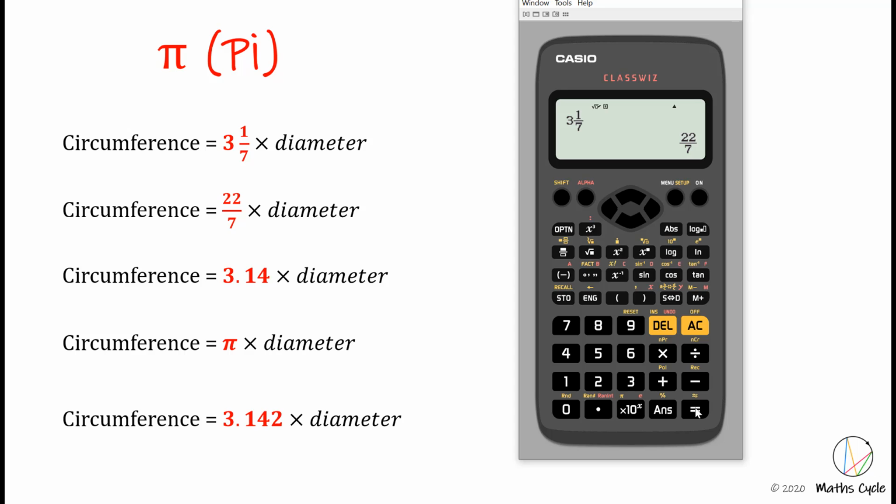Now 22/7 is a very popular method when you're calculating the circumference. In a lot of questions, they will ask you to use 22/7 in your calculations. So I want you to keep that in mind, and I have it written here. So this is another one of our options, 22/7. Now, in other questions, they actually ask you to use the decimal form.